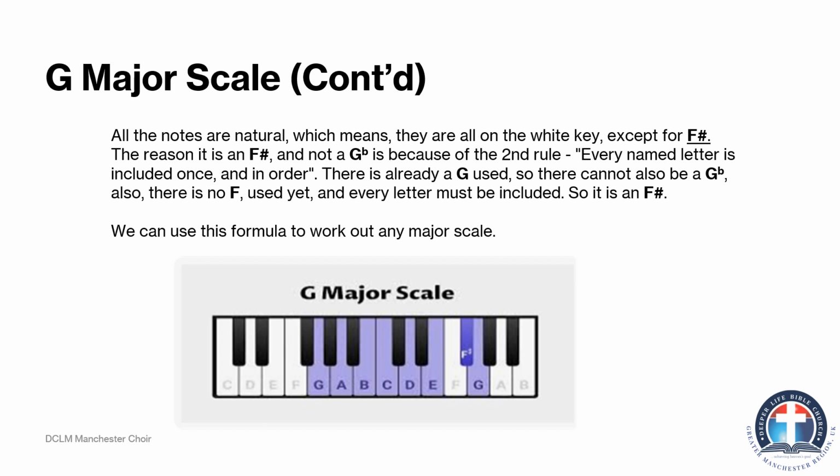There is already a G used, so there cannot be another G flat. There is no F used yet, and every letter must be included. So what we have there is an F sharp. It's represented below.